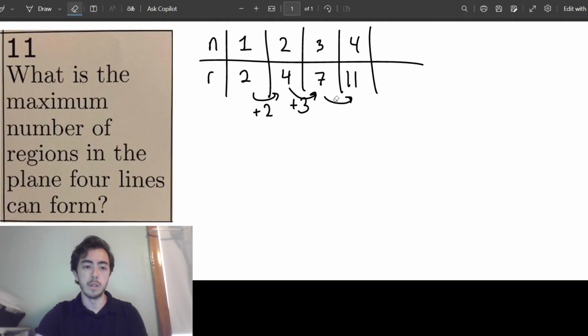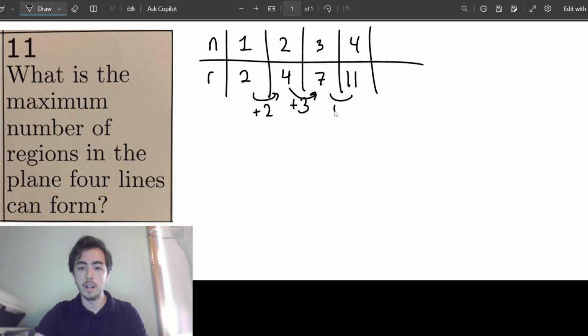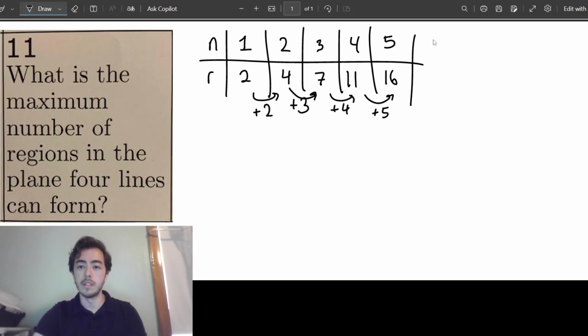And so this one will just have a +4 on it. And I'm pretty sure that this is just the pattern where when you place the next line, you will be able to cross over at most that many regions. So like this, there's going to be a +5 here. So we'll get 16. And then for the 6th step, we'll get a +6. So that's going to be 22.